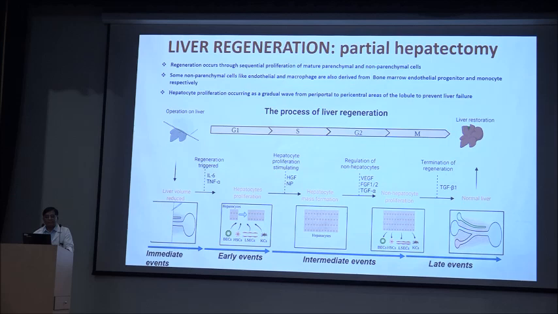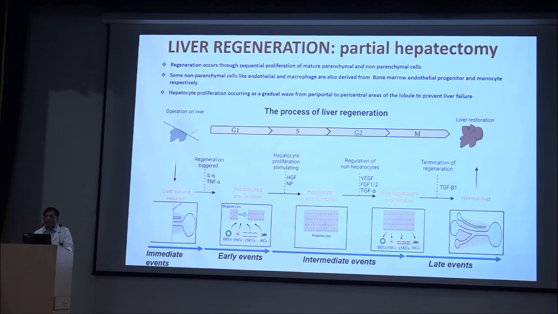Regeneration occurs through the sequential proliferation of mature hepatocytes and non-parenchymal cells. In the case of injury, some non-parenchymal cells like endothelial cells and macrophages also get contributed by bone marrow derived cells. Hepatocyte proliferation occurs as a gradual wave from the periportal to the central area, and this is very critical because, as we will discuss later, when hepatocytes start proliferating, they lose their differentiation capacity.